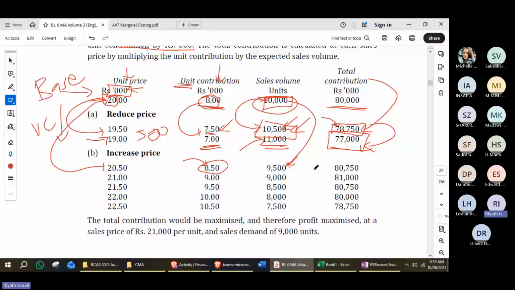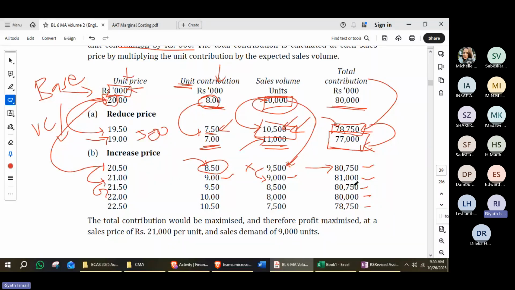When they multiply these two, they get 80.75 million. Even more, they increase the selling price, the contribution increases, units fall, and contribution is 81. Further increases this value.